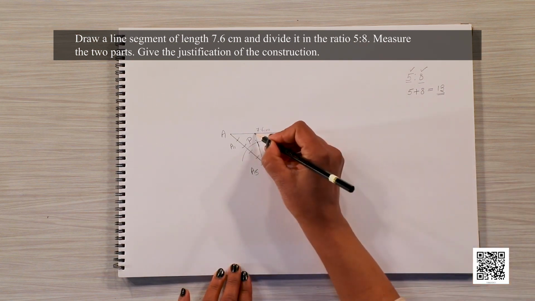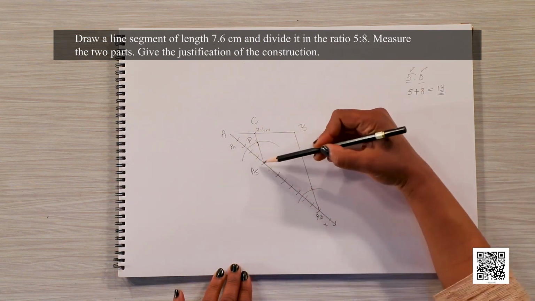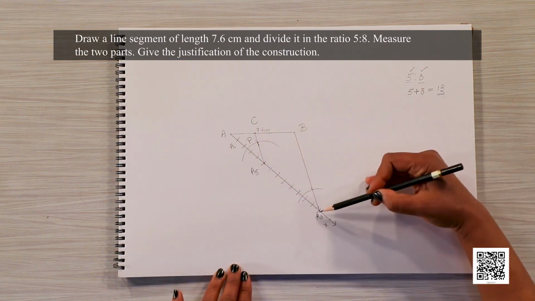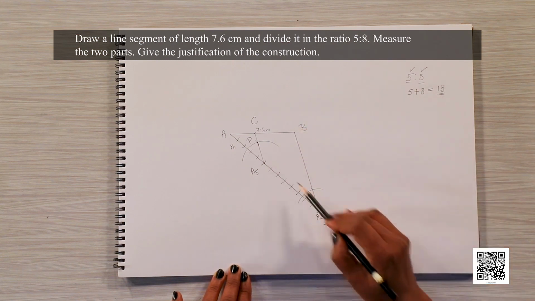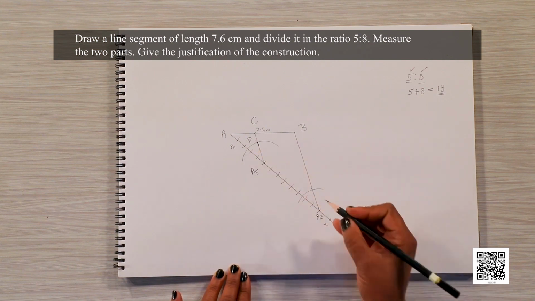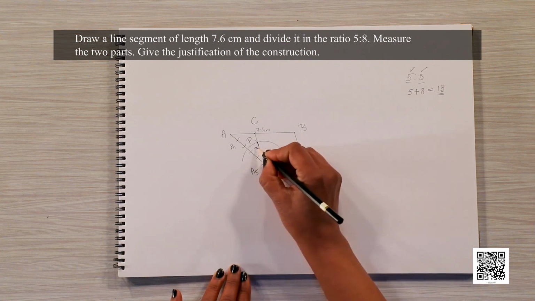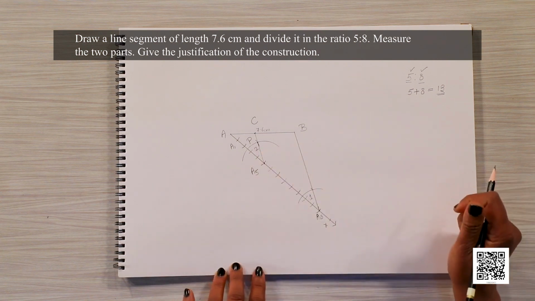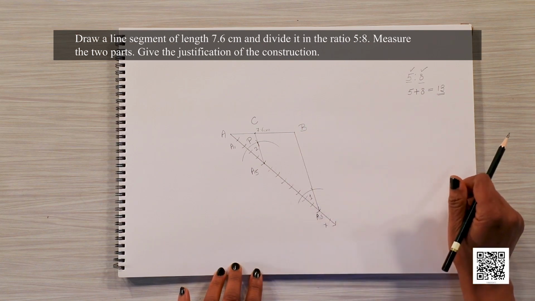Let me mark this point as C. You can see A5C is parallel to A13B because we have made these two angles equal. These are nothing but corresponding angles. Let me name them as angle 1 and angle 2. As these two angles are equal, these two lines must be parallel.